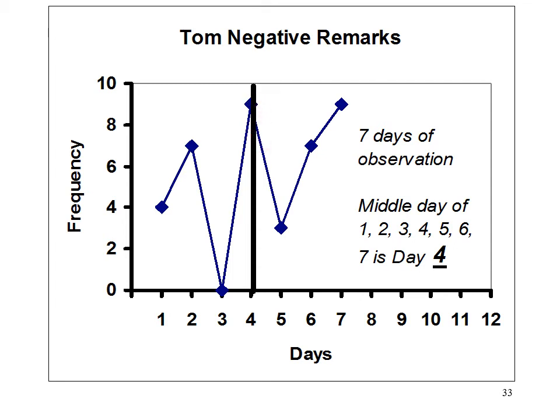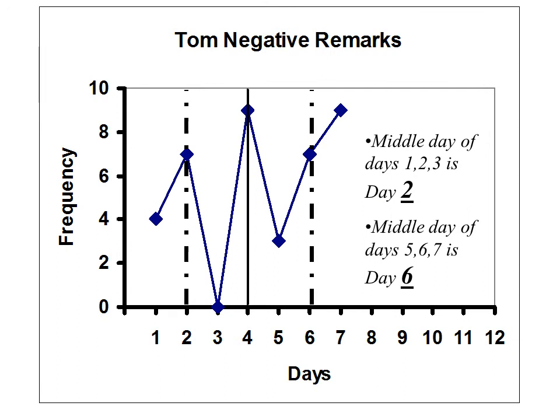What's the next step? Well, we want to find the middle day for each part of the graph. Even though we had 7 data points in this case, we still have 3 data points in each half because this middle one doesn't really belong in either half. So we'll locate the middle data points, which is going to be this point and this point.